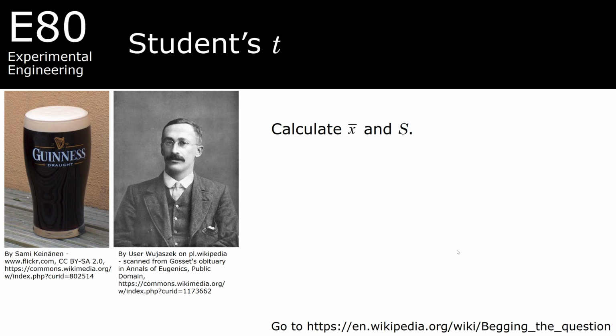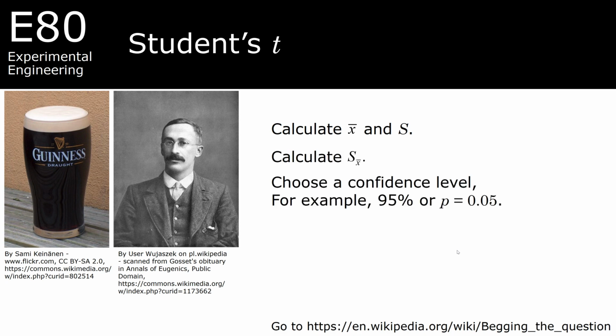We calculate our mean and our standard error. We decide on a confidence interval and whether the true mean could be on either side or only one side of our calculated mean. We then go to the Student's t table and use our degrees of freedom, n-1, as the row index, and 1 minus our confidence level as our column index.